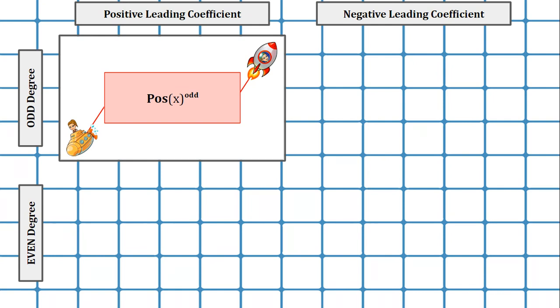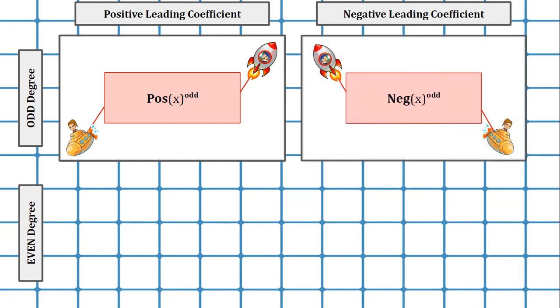So positive leading coefficient with an odd degree gives you, as x approaches negative infinity, f of x approaches negative infinity. And as x approaches infinity, f of x approaches positive infinity. Now this is exactly opposite for an odd degree and negative leading coefficient. So now we have more of a negative slope.